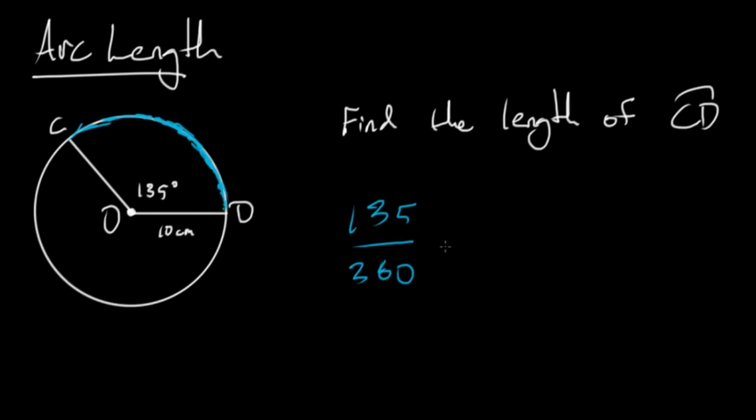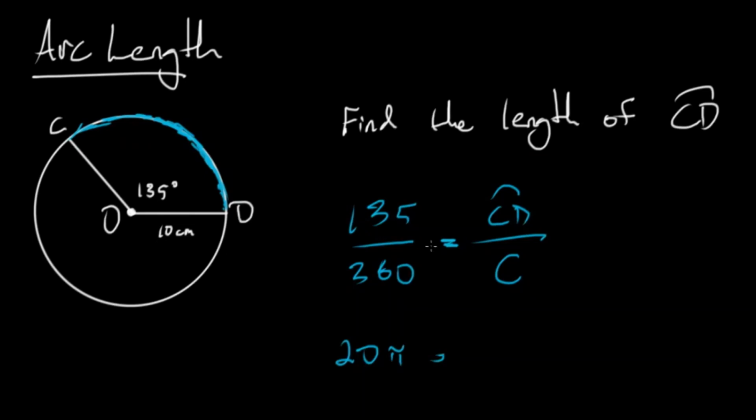These two measures are going to be the same as the length of the arc CD and the total circumference of the circle. I'm just going to write C for circumference. Doing a little bit of algebra, we can quickly find out that the circumference is 2 pi r, so the r is 10 centimeters, 2 pi r would be 20 pi.